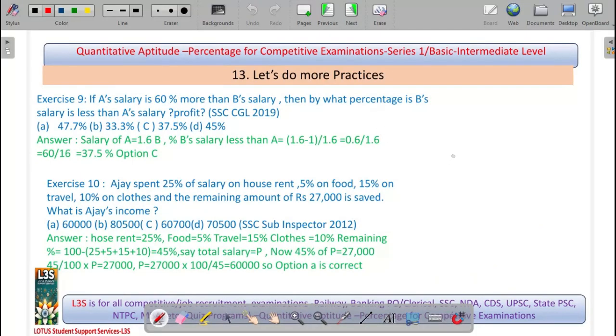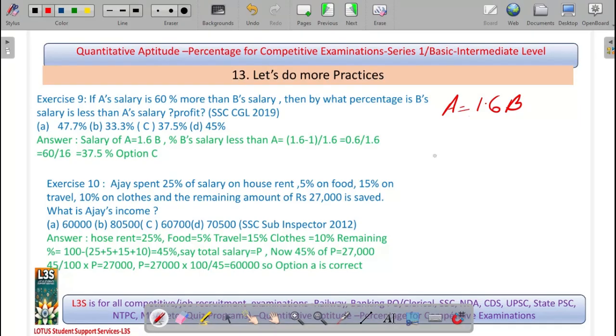Exercise 9. If A's salary is 60% more than B's salary, we can write A's salary is 1.6 of B. Then by what percentage is B's salary less than A's salary?